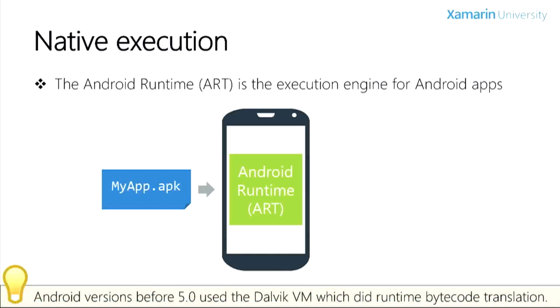Older versions of Android used a different runtime. It was called the Dalvik virtual machine, and the execution and compilation model was different back then. There wasn't an install time compile. Instead, there was a translation at runtime of the Dalvik executable bytecodes, the DEX files, into native code. So the common wisdom says that the new model, the Android runtime, is more efficient.